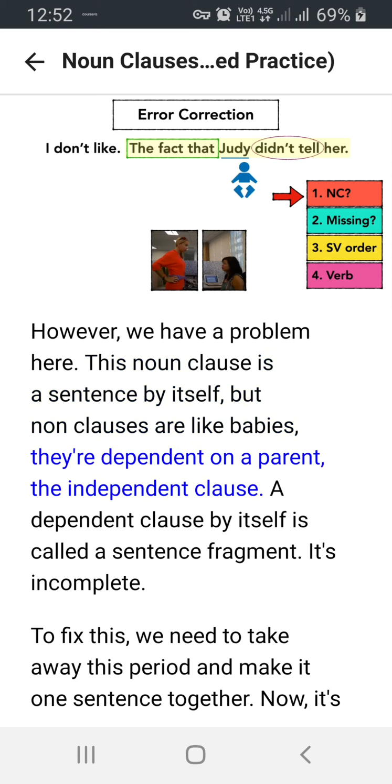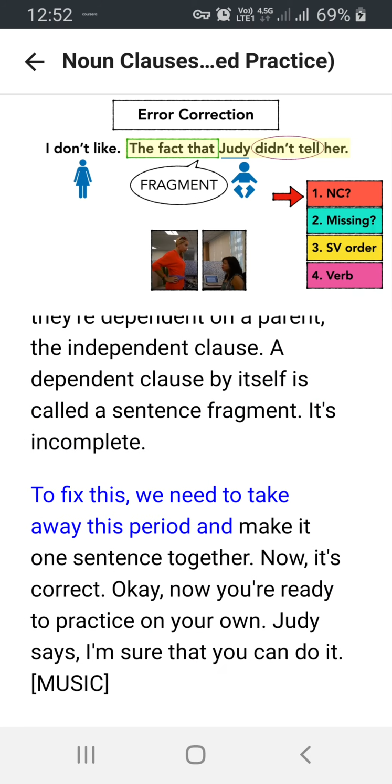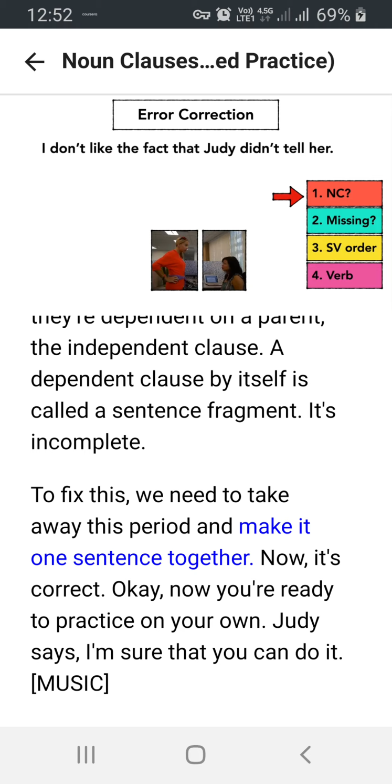They're dependent on a parent, the independent clause. A dependent clause by itself is called a sentence fragment. It's incomplete. To fix this, we need to take away this period and make it one sentence together. Now, it's correct.